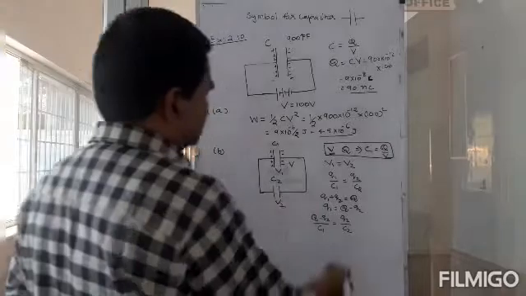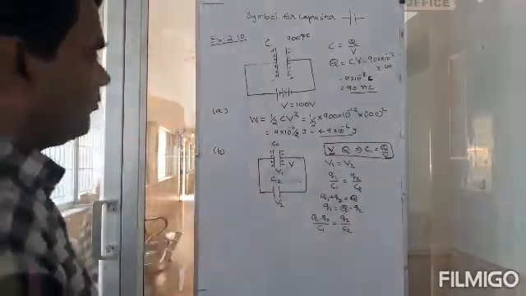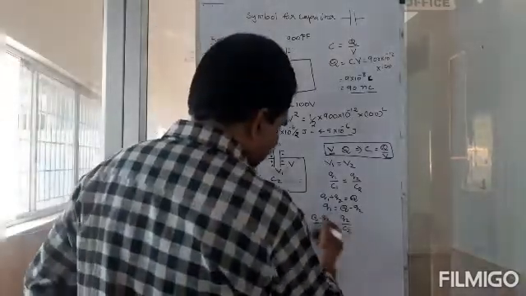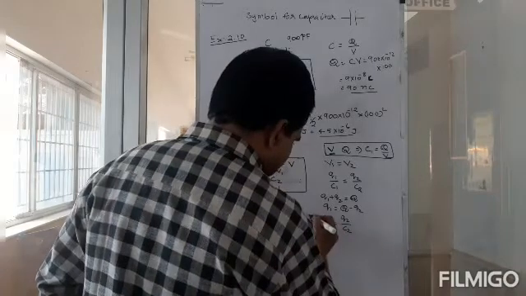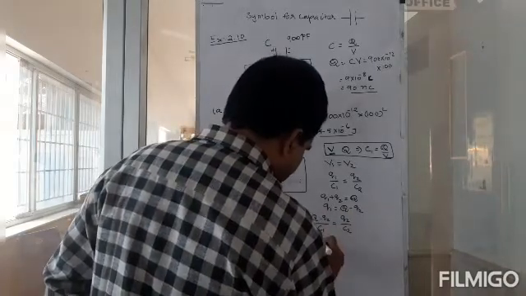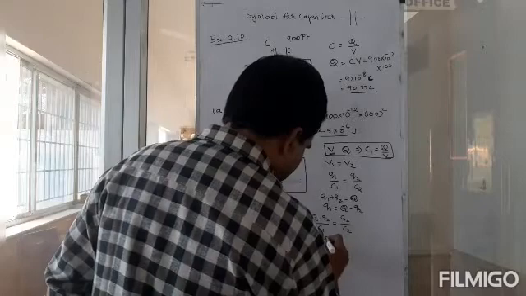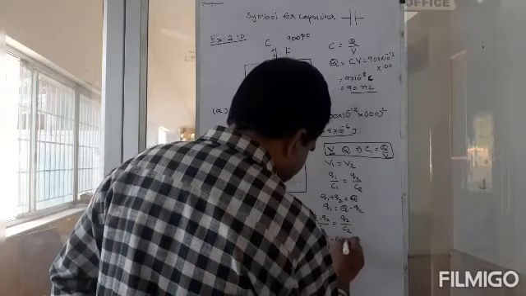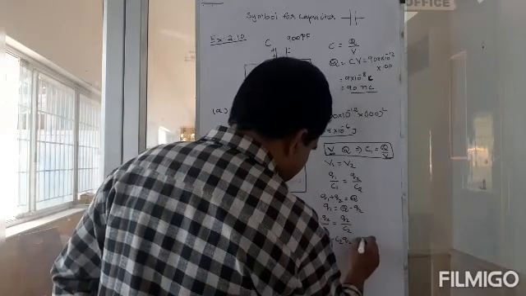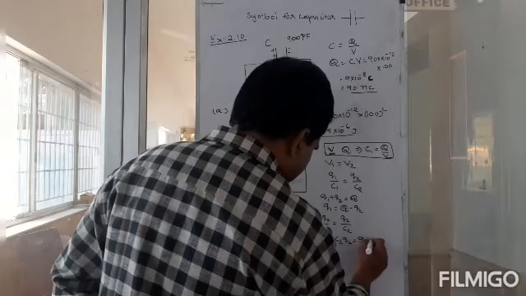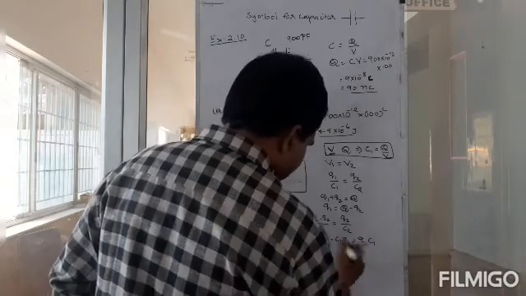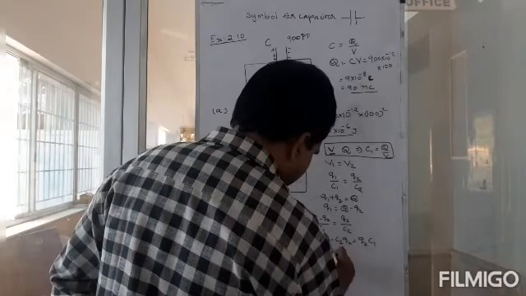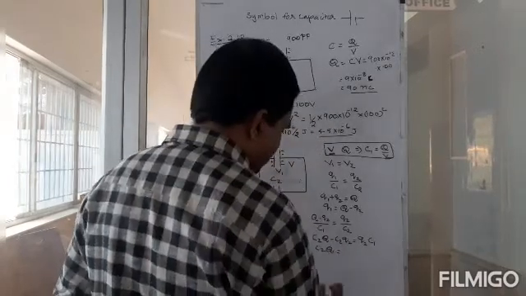So let's do things the regular way. So I take C2 there, C1 there, and get C2 into Q minus C2 into Q2 is equal to Q2 into C1. So if I bring Q2 there, C2Q is equal to what?